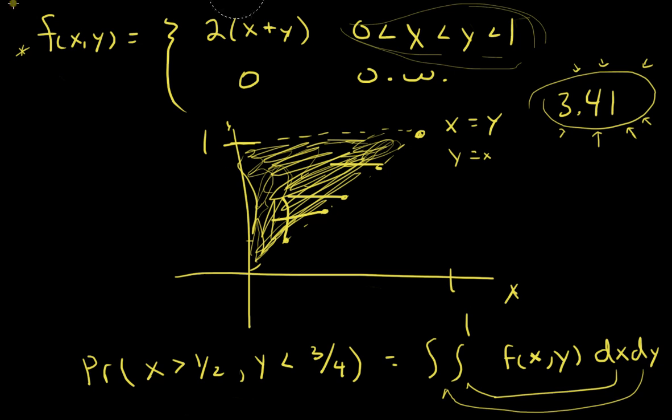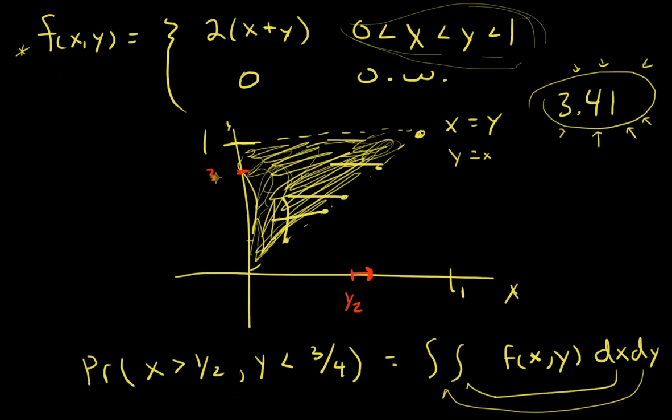What does matter is that whatever your order of integration is, it matches the bounds for your integral. Okay, so let me try to figure out where the bounds should be using this graph up here. All right, so x is more than a half. So let's say here's a half, and so x is more than a half. At the same time, y is less than 3/4.